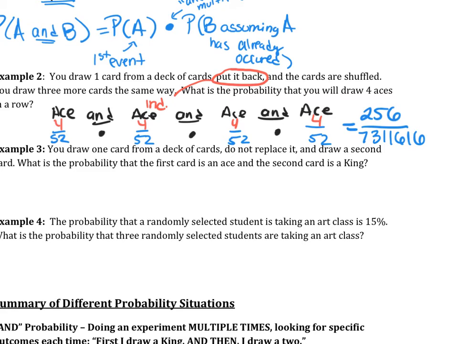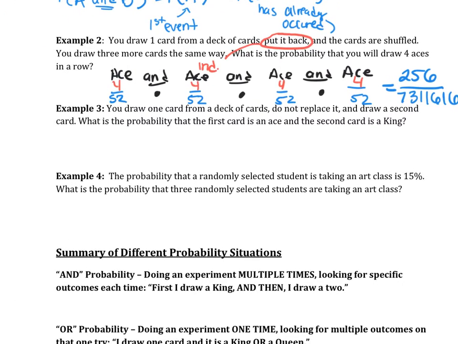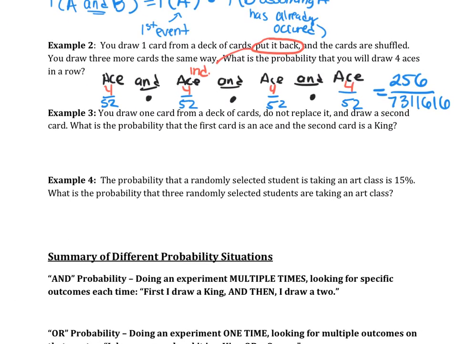And again, you can leave it like this, or if you want to plug it in and get the decimal, that's fine. It'll just be a very small decimal, like 0.0000 something. Okay, any questions on example 2?